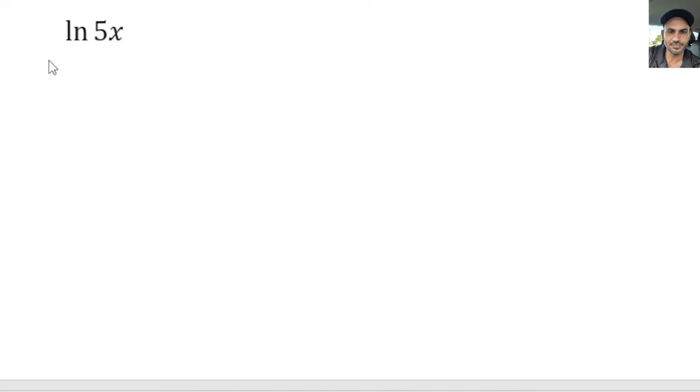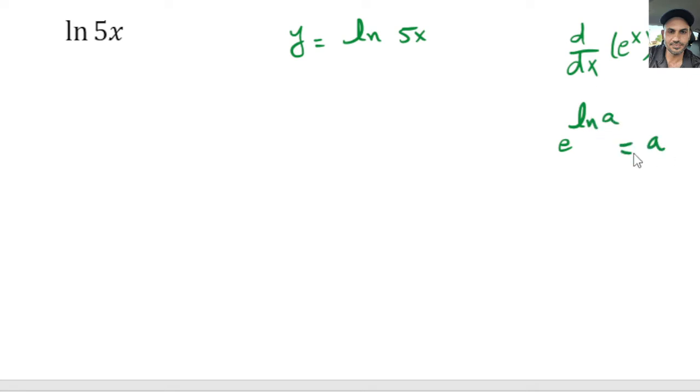Let's do the derivative of natural log of 5x. So we know that y equals ln of 5x. We know that the derivative of e to the x equals e to the x, and another property is that e to the ln of some number equals just that number itself.